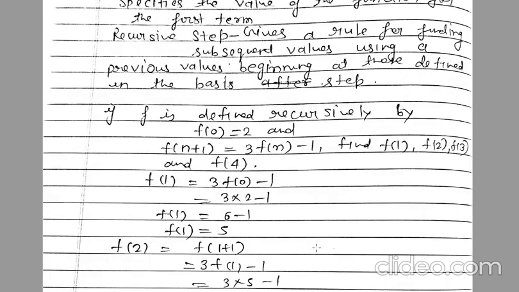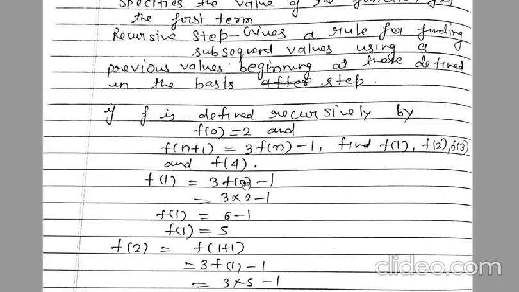If f is defined recursively by the initial condition f0 is equal to 2 and f(n+1) is equal to 3 f(n) minus 1, we need to calculate f1, f2, f3, f4. The initial condition is given here, so you will find your f1. For f1 you will put n is equal to 0 in the given equation.